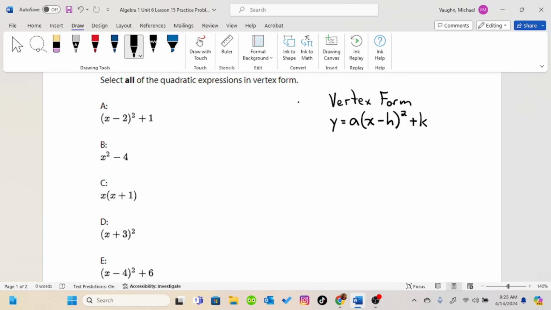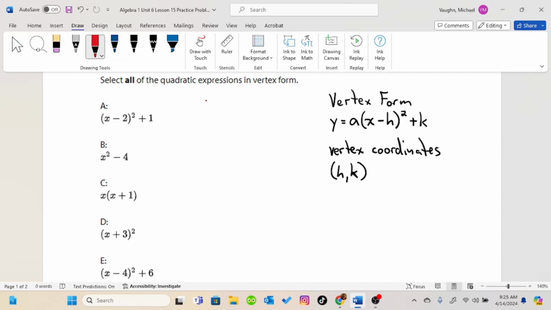And from this form, the vertex coordinates are h and k. H is your x value, k is your y value of the vertex.